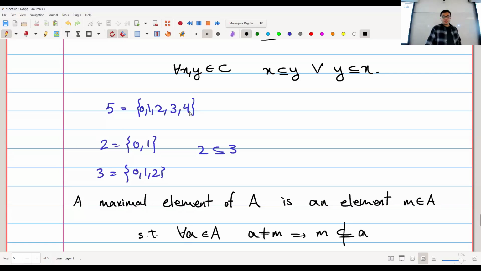For example, 4 is a maximal element of 5. 4 is an element of 5, and it's not a subset of any of the other elements.